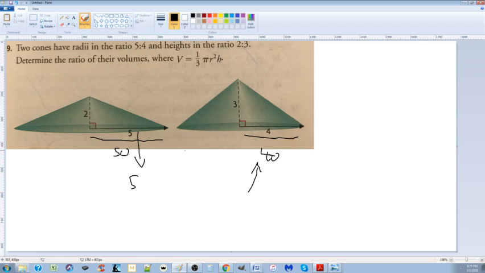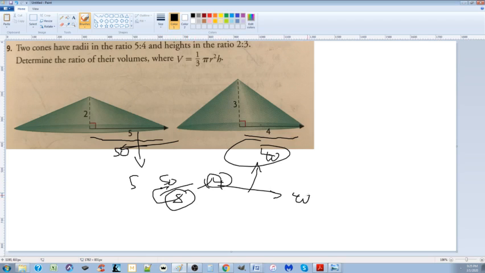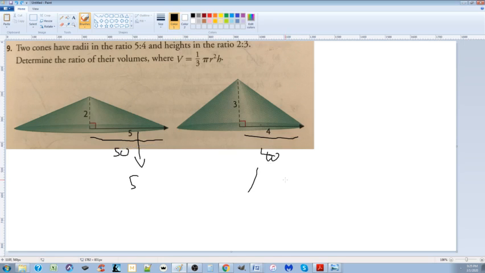To figure out his based on this person's, we would take his, divide it by 5, and multiply it by 4, because we're dividing by his ratio and multiplying by what yours is to get your actual thing. Doesn't matter though, they give us 5 to 4, that's all we need. So if he's 5 feet, 5 meters, whatever, radius, this guy over here is only 4.